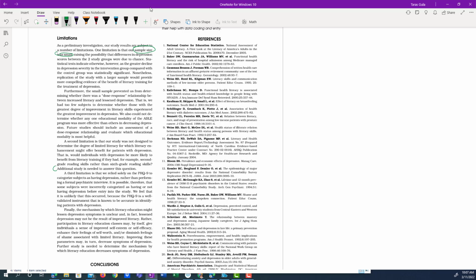I'm more concerned about their sampling method. The small sample prevented us from determining whether there was a dose-response relationship. Aha, remember, this is causation. Too few subjects to determine whether those with the greatest degree of improvement. We also could not determine whether there's one educational modality. The second limitation was that it was not designed to determine degree of limited literacy. So this is internal validity.